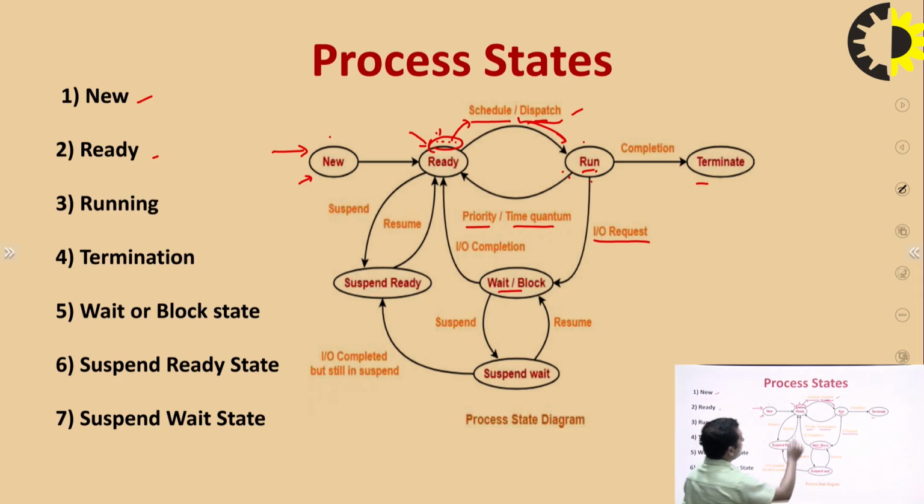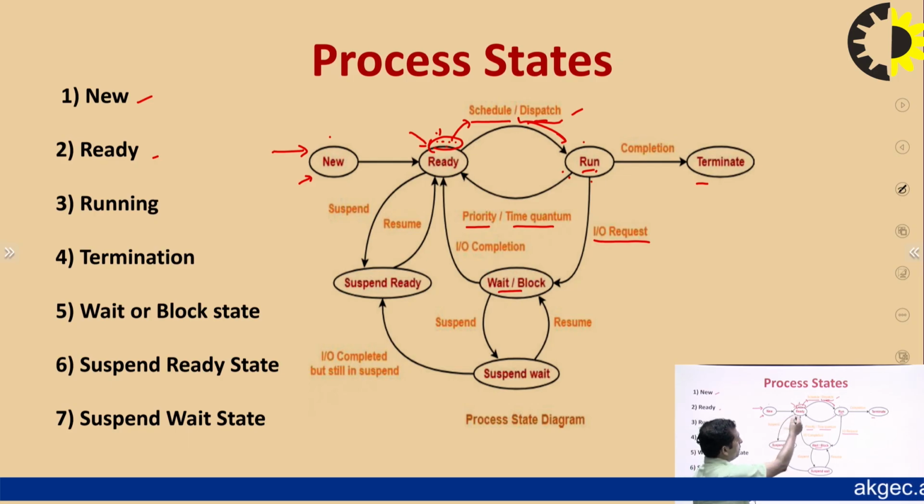Now suspended wait and suspended ready are two additional states which are used when there is no space for a new process in the RAM. So what to do? Some processes are swapped out into the secondary memory, and when there is space in the ready queue, they are swapped in to the ready queue.